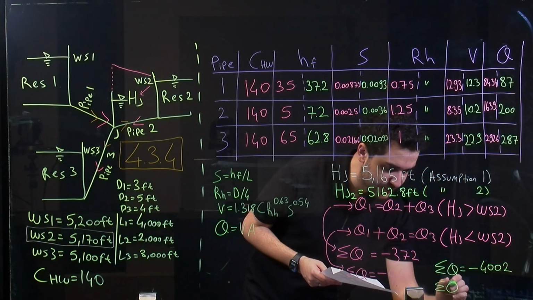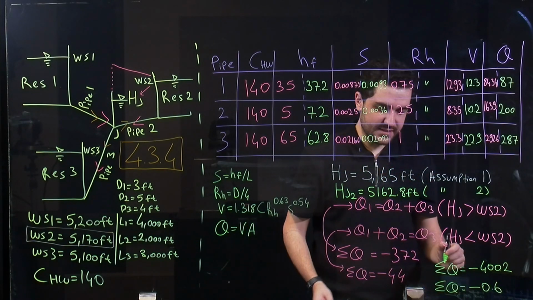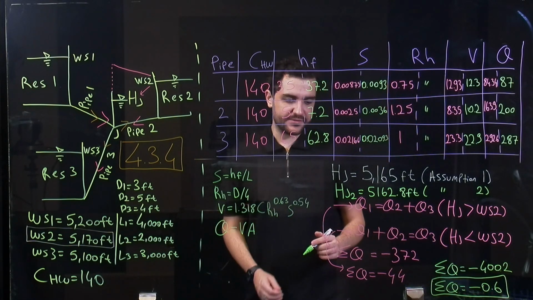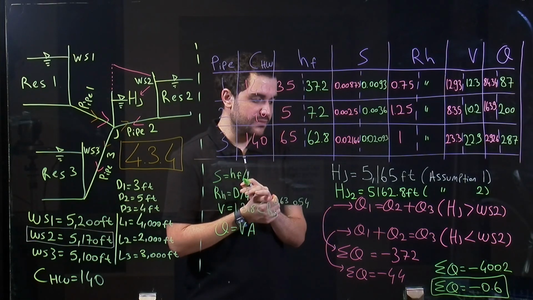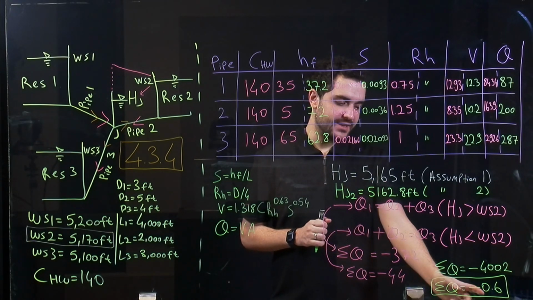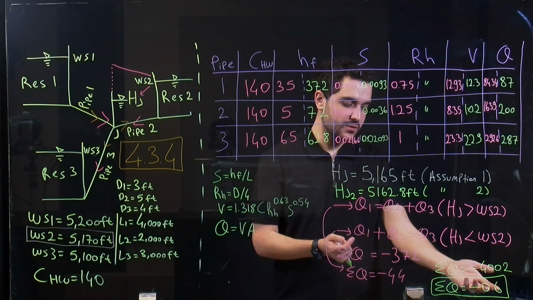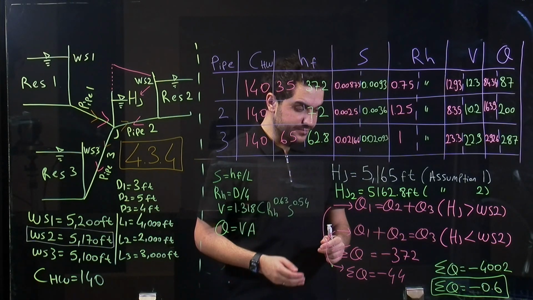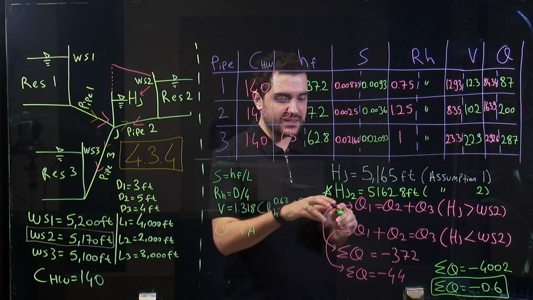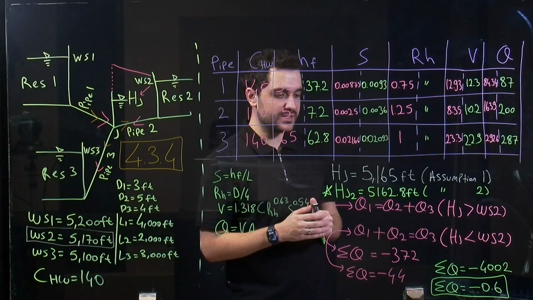And for the second scenario, we will get minus 0.6. So this is actually what we want from this equation, because when we sum all of these flow rates, we are getting a very small value, which is very close to 0, which is minus 0.6. So we can accept this assumption here, and the final Hj will be 1162.8 feet.